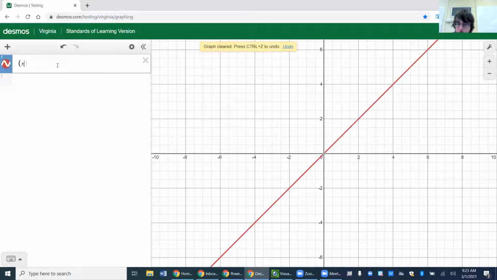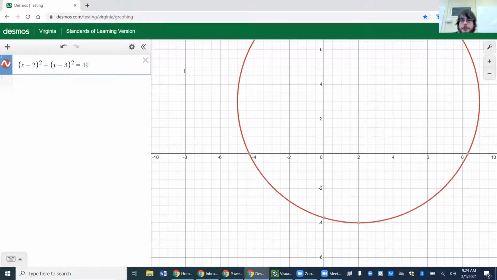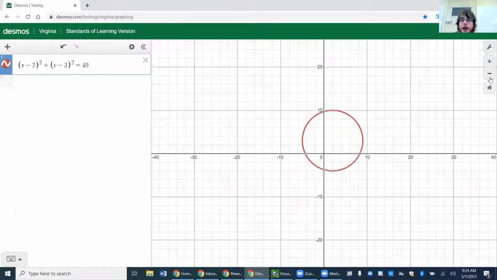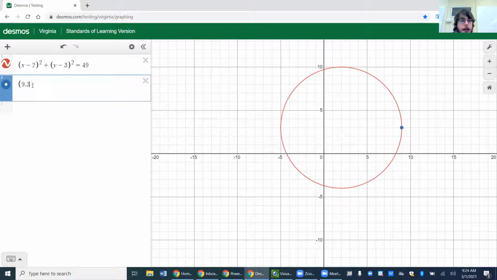we have our equation (x - 2)² + (y - 3)² = 49. And now we're just going to graph our points until we get which ones would lie on it. So (9, 3). Well, (9, 3) was our first one, and it's right there on it.